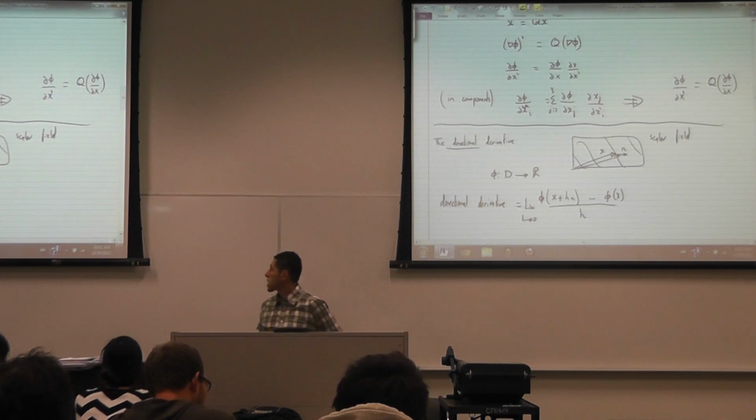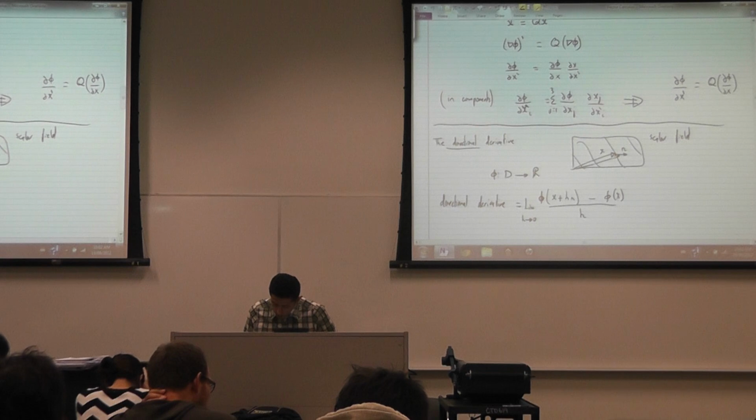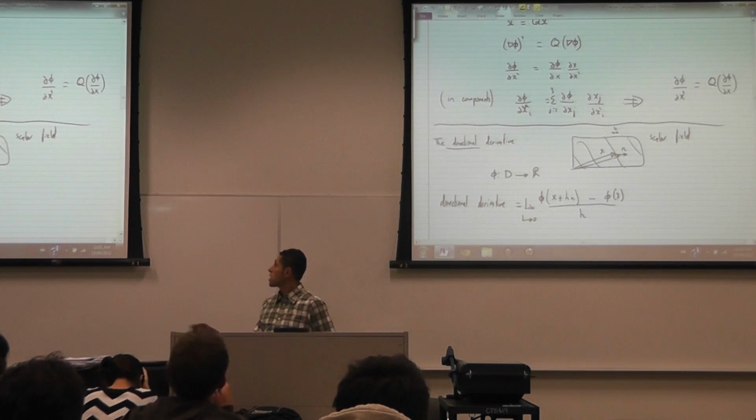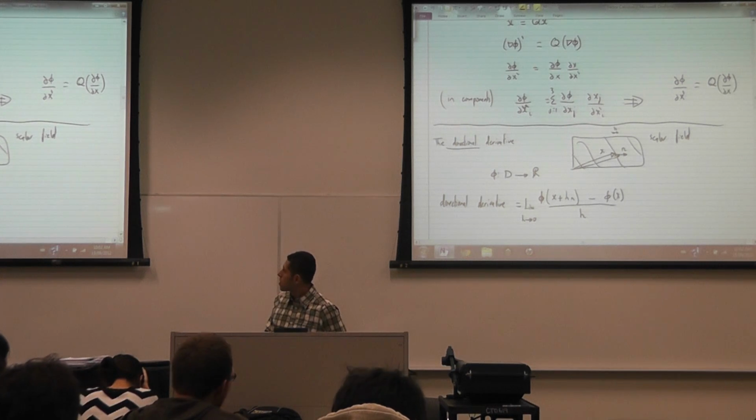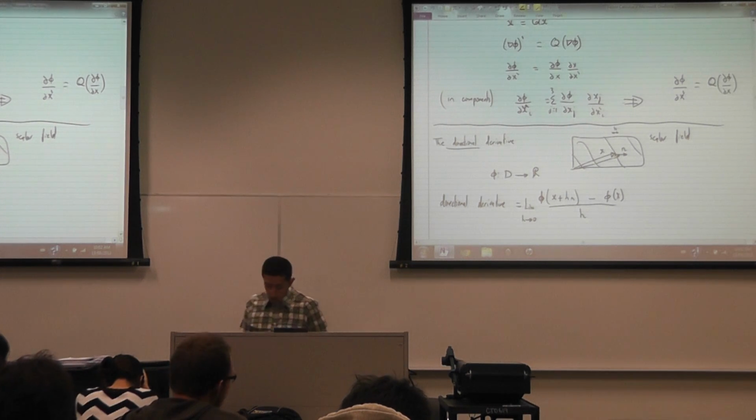So I'm just going to slightly move in the direction of n. So instead of x, I'm going to take x plus a small distance h in the direction of n minus phi of x divided by h.